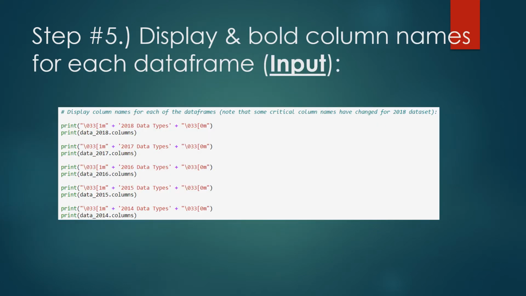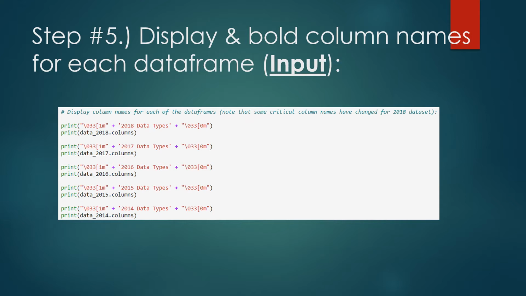Then we display and bold column names for each data frame. So for the input, you would write print, then the escape code \033 bracket 1m, and then close quotations plus 2018 data types plus the same thing except instead of 1m it's 0m.